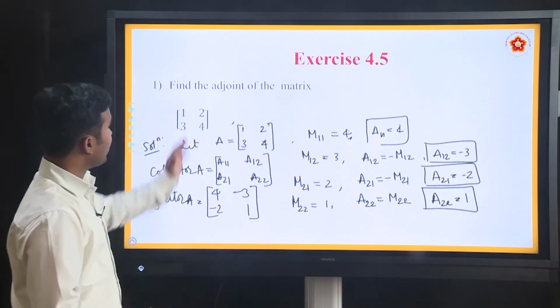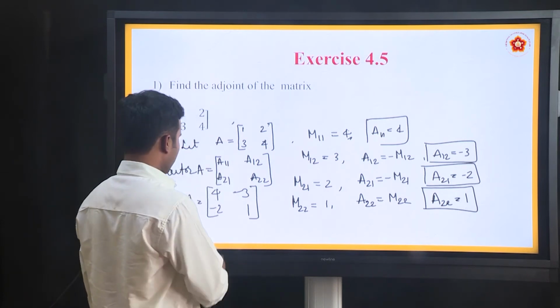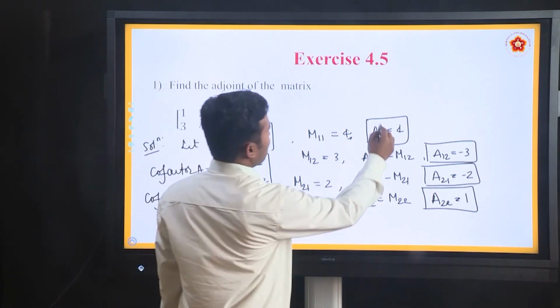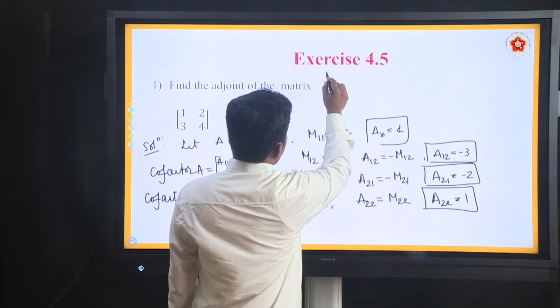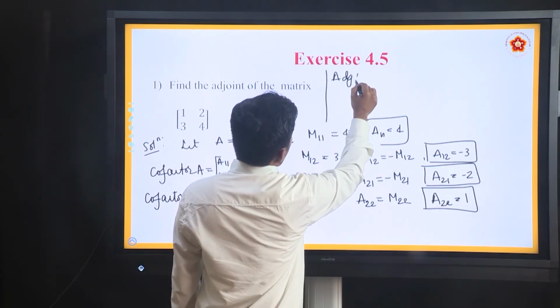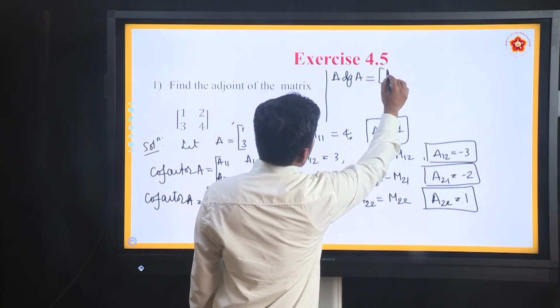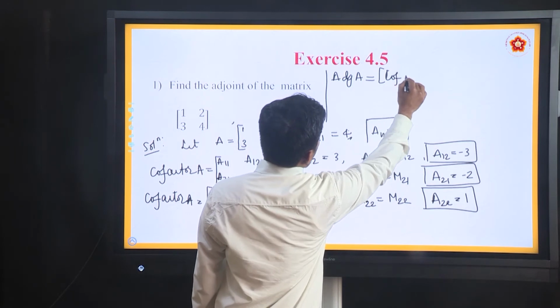Now this is not enough, we need to find the adjoint matrix. How can you find the adjoint matrix? You just take the transpose of this matrix. Adjoint of matrix A is equal to the transpose of the cofactor matrix, understand?